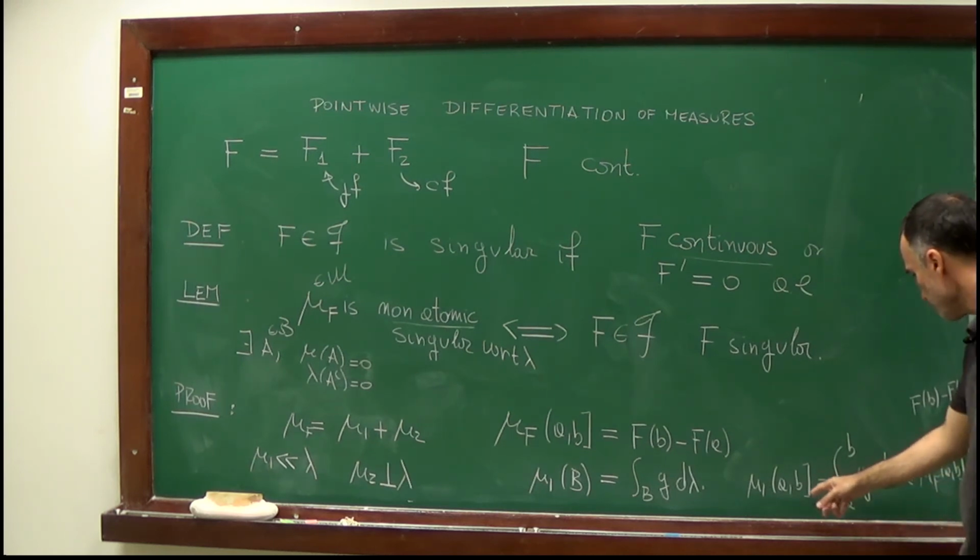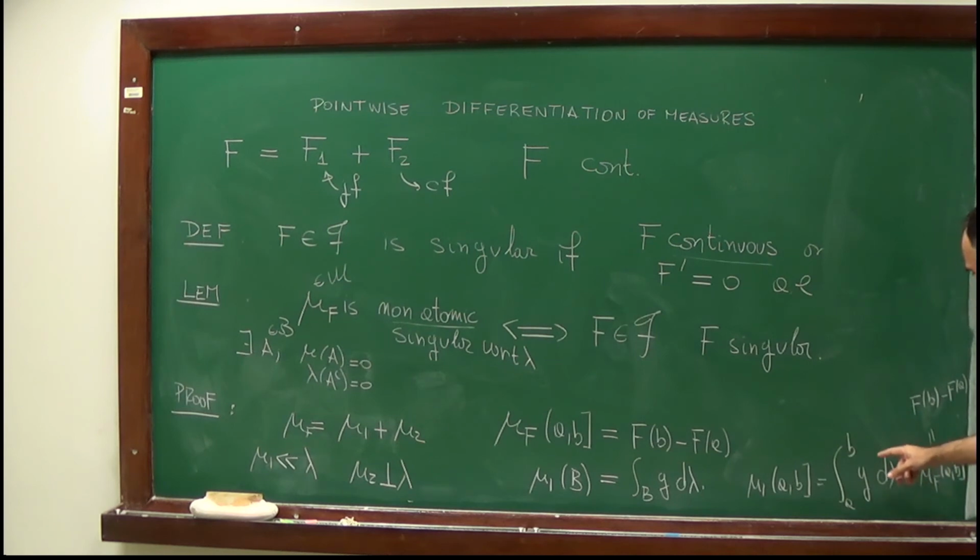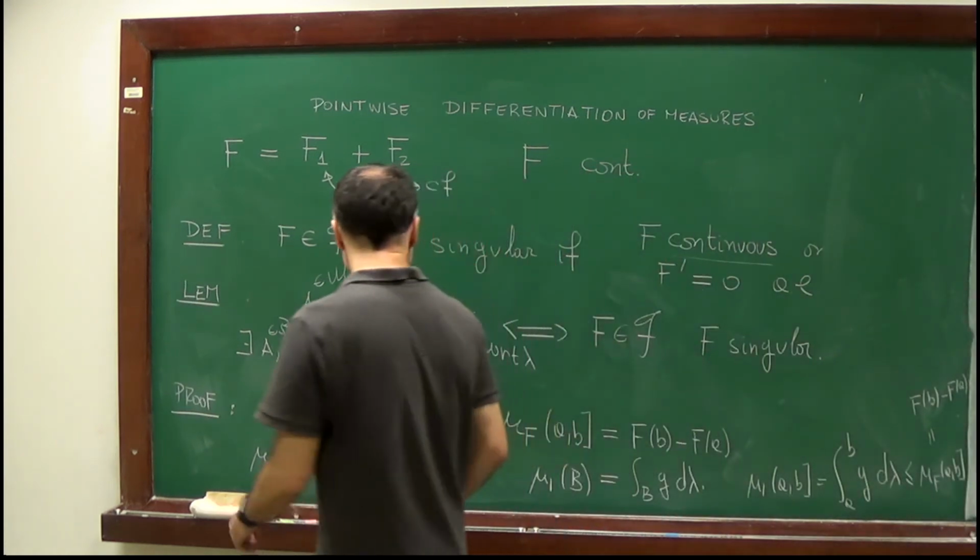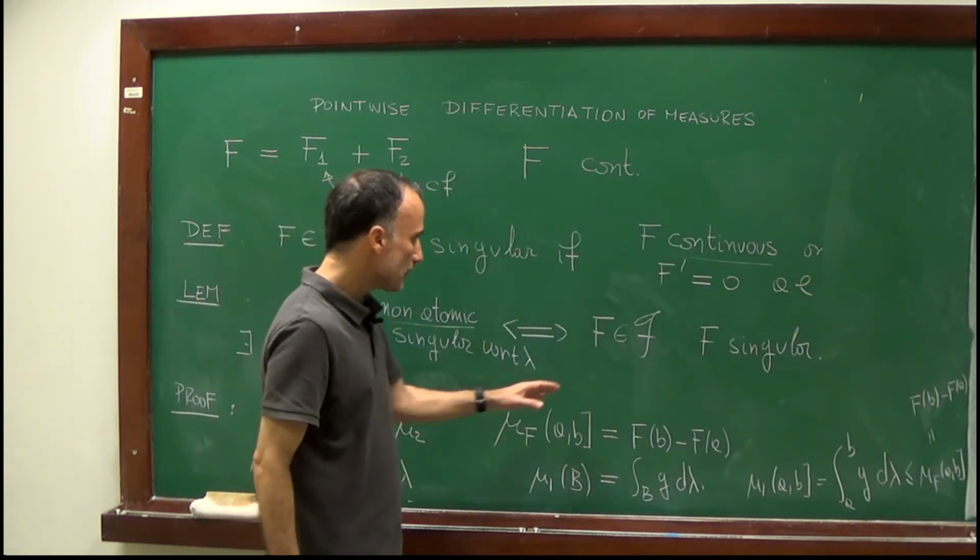So this shows that this integral is bounded by fb minus fa for all a and b, right? So maybe let me repeat. I'm assuming that f is singular.